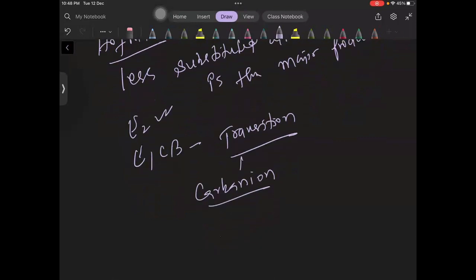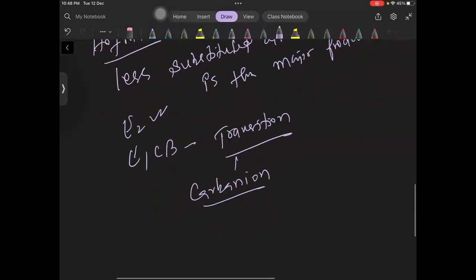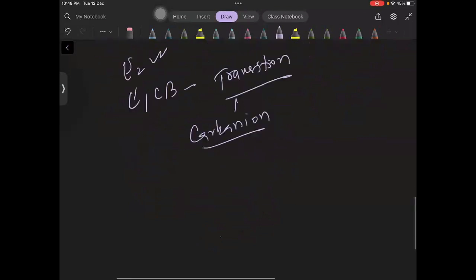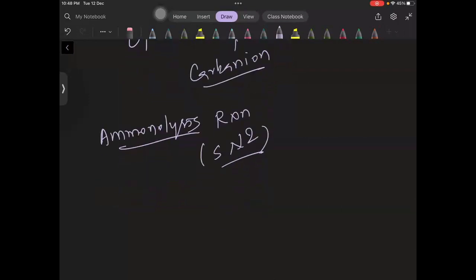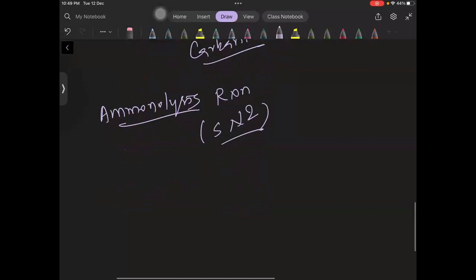Now see here, one example. We have done the ammonolysis reaction. Ammonolysis is an SN2 process. Why do I teach you ammonolysis here? So that you can understand Hofmann exhaustive methylation perfectly.